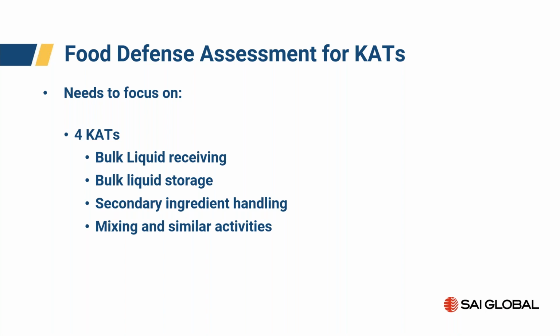And so therefore, one of the things that you need to identify is, do you have any of these 4 key activity types, like bulk liquid receiving, bulk liquid storage, secondary ingredient handling, or mixing and similar activities. And that's why this webinar is intended for food processors and not intended for food distributors.